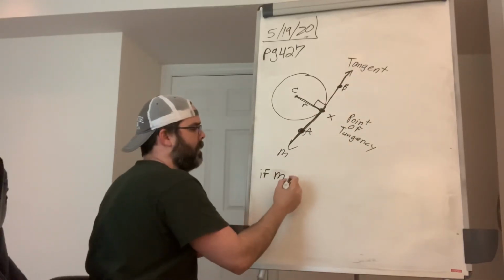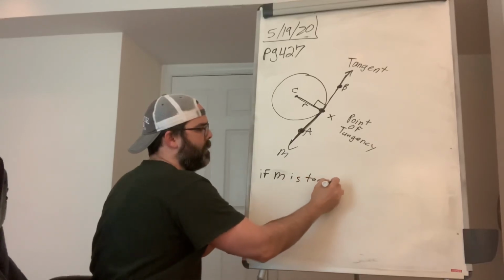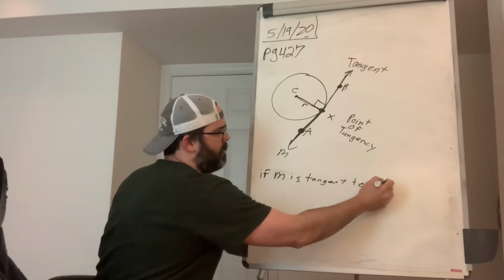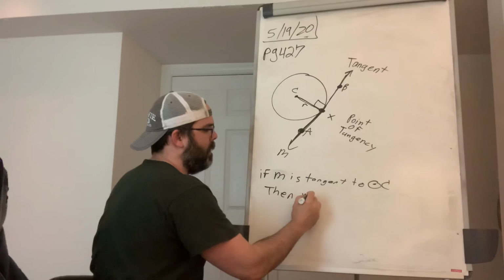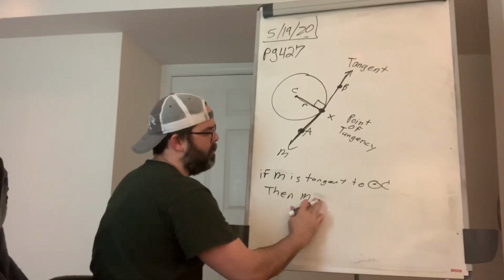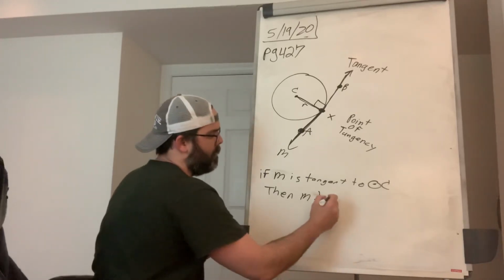If M is tangent to circle C, then M is perpendicular to CX.